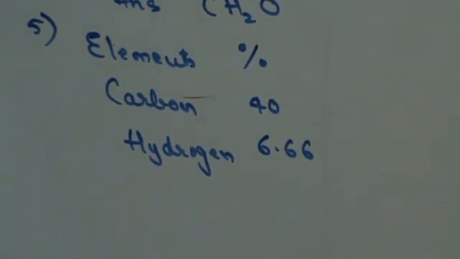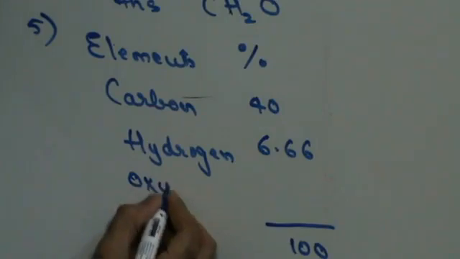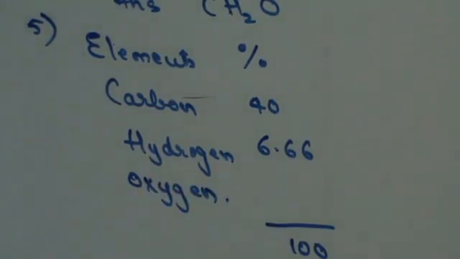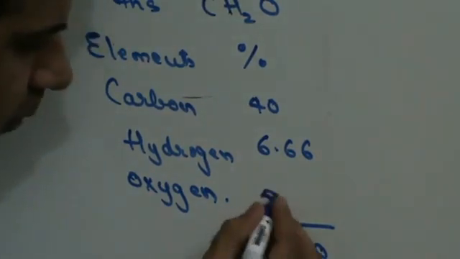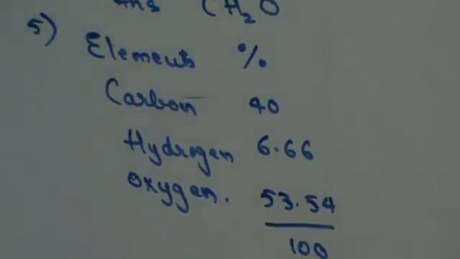Calculate the molecular formula. So the unknown element has to be oxygen. This total percentage composition has to be 100. Guys, the initial part of the sum is going to be same. I'll show you this. This should come to 53.54.